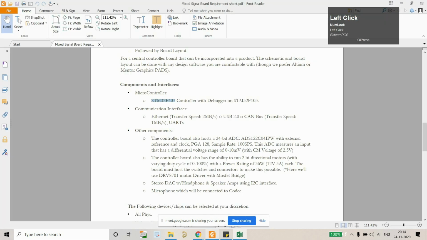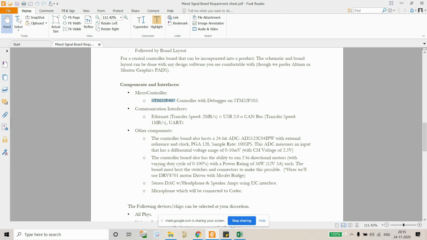For example, here they have mentioned it should have Ethernet. That means our microcontroller should support an Ethernet connection either through a PHY or directly. If it has an integrated PHY, then it is the best option, right?